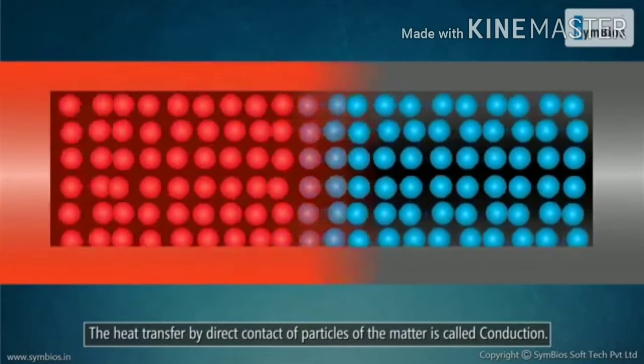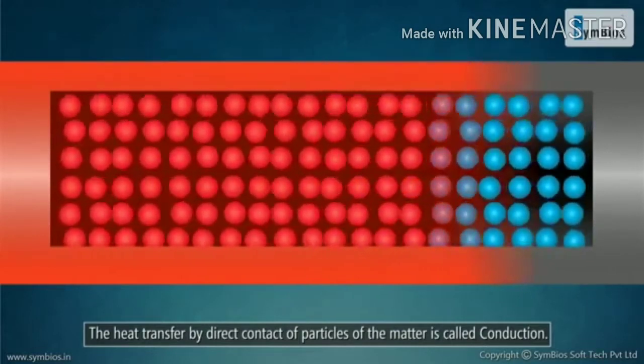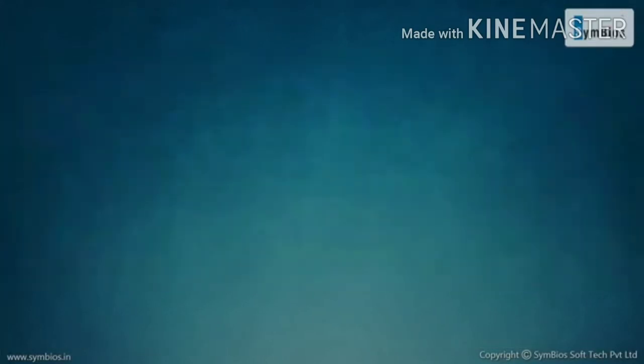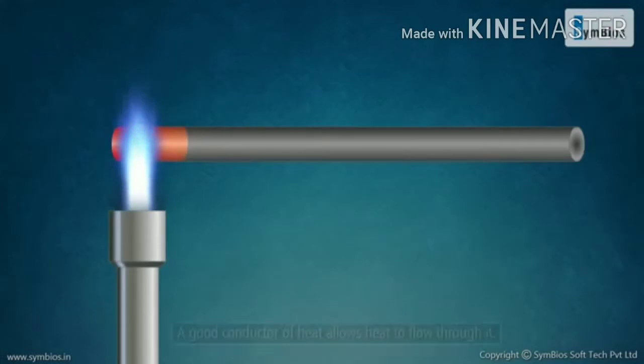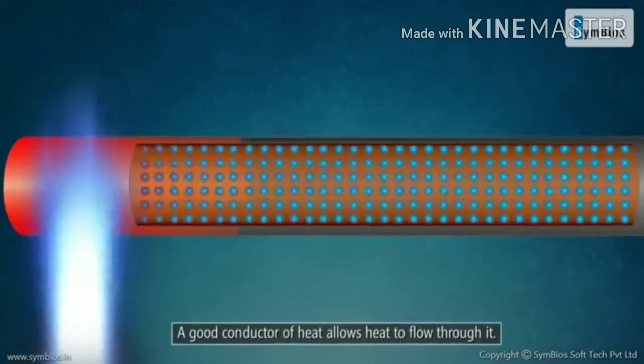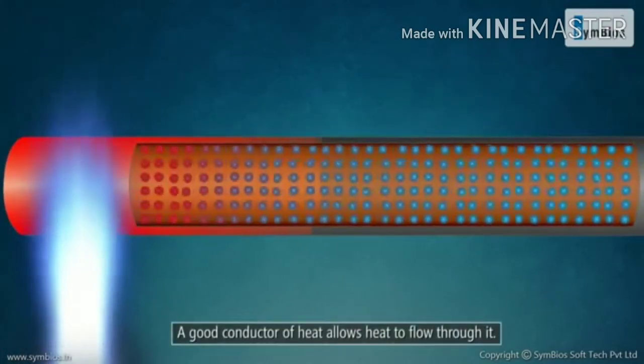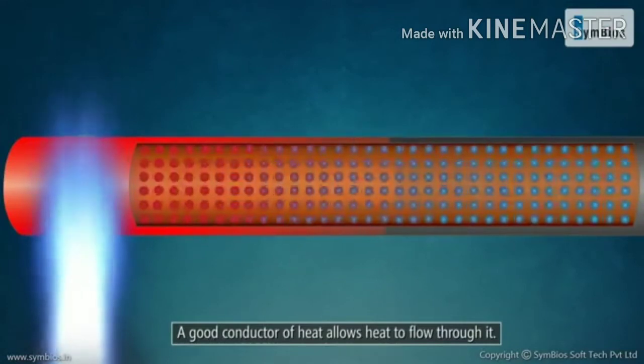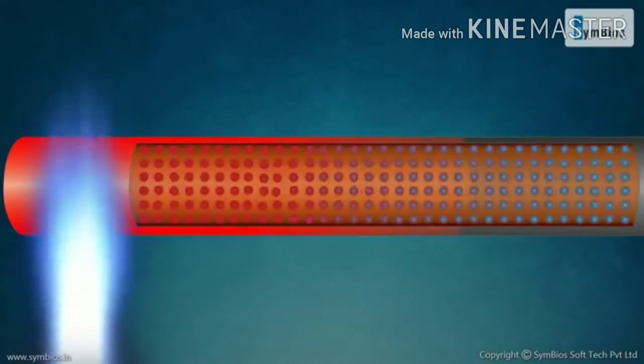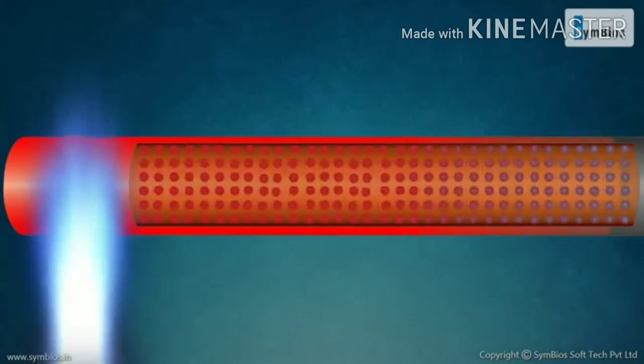Those atoms make other atoms vibrate and thus heat is transferred to the other end of the spoon. So, in conduction, heat transfer takes place between two ends of the same solid or through two solid substances, but they are in contact with each other.